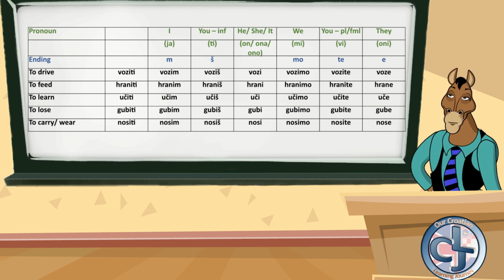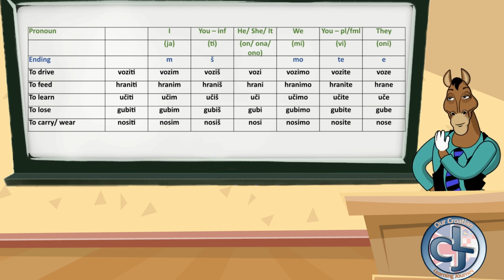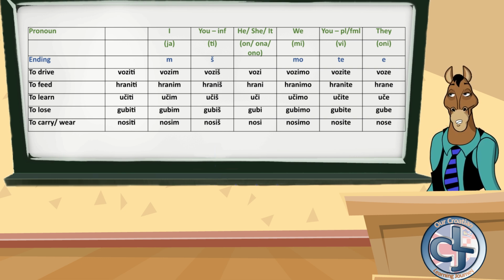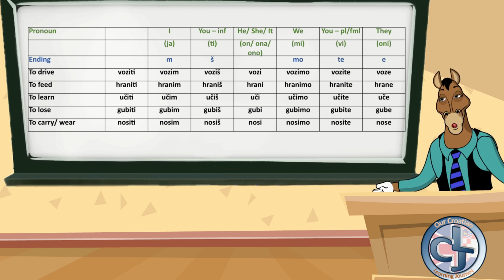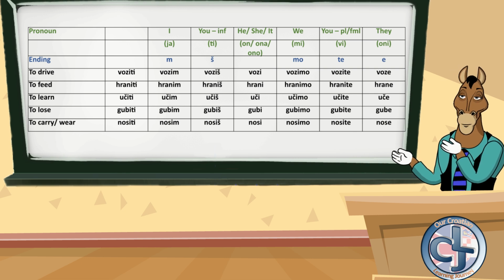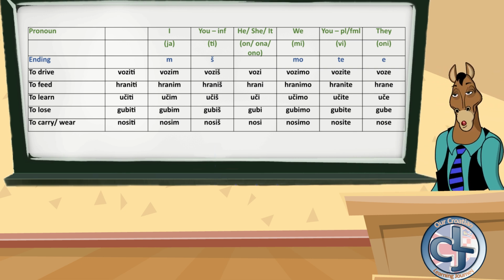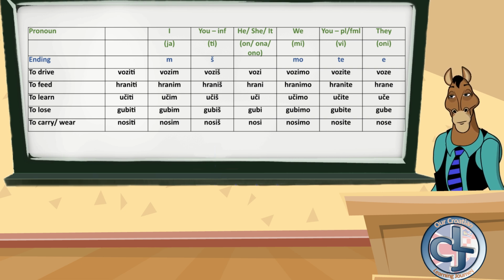First person plural is vozimo, hranimo, učimo, gubimo, nosimo. Second person plural is vozite, hranite, učite, gubite, nosite. And finally, we have third person plural with the different ending: voze, hrane, uče, gube, nose.